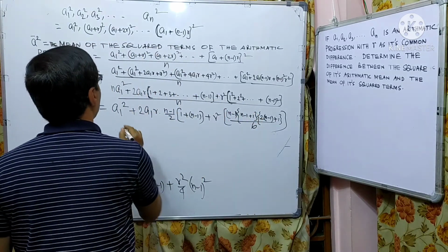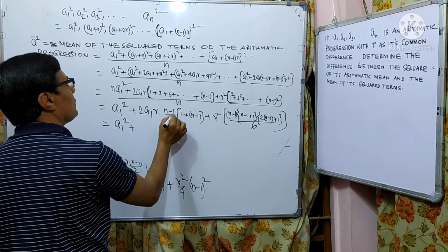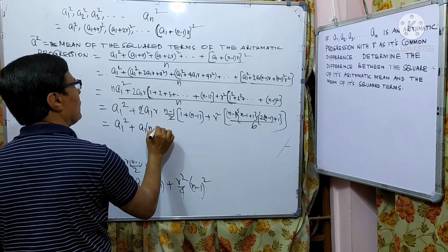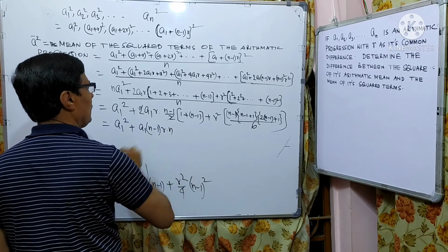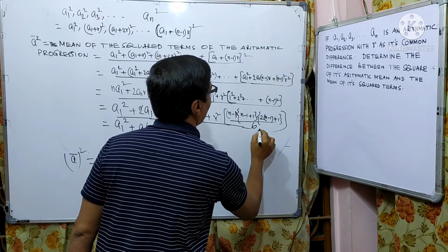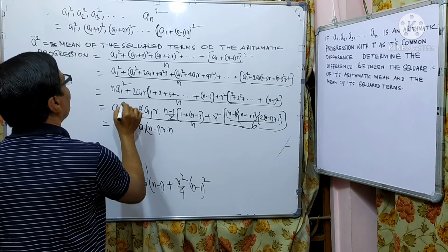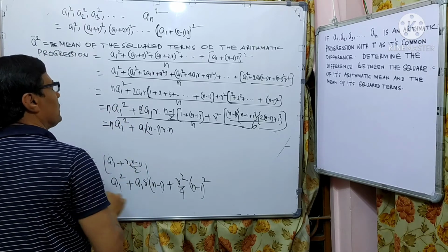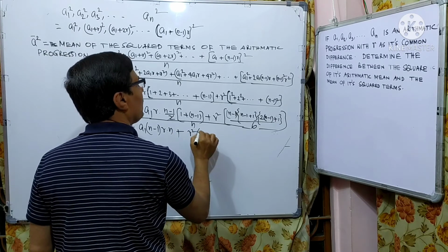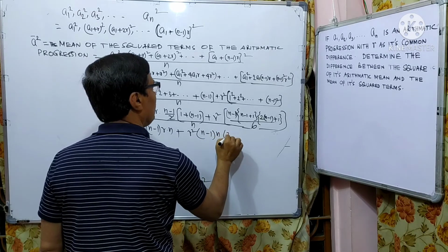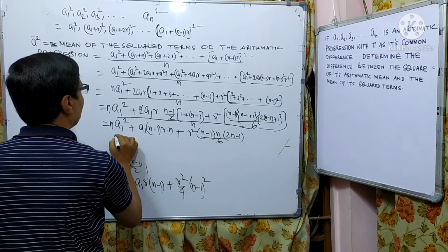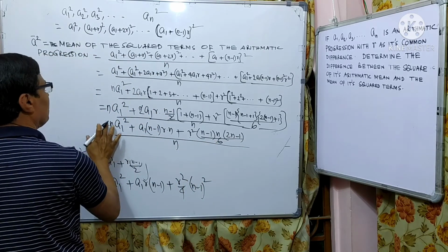So we have a1 square plus, the 2 is cancelled out, a1 into n minus 1 into r into n over n, and here also n a1 square plus r square into n minus 1 into n into 2n minus 1 over 6, over n.